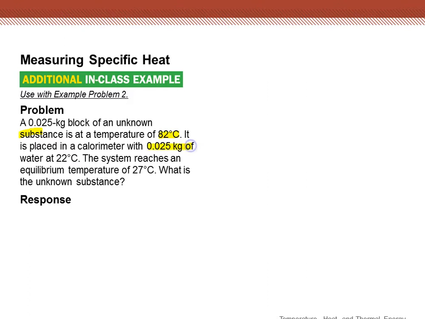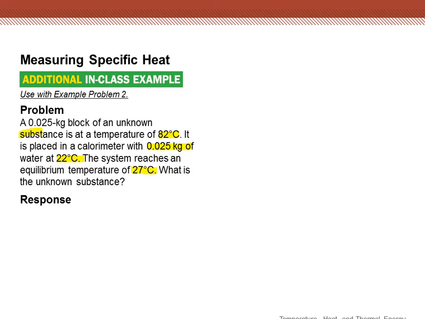with 0.025 kilograms of water at 22 degrees Celsius. The system reaches an equilibrium temperature of 27 degrees Celsius. We want to know what is the unknown substance. So there's a heat transfer going on here.